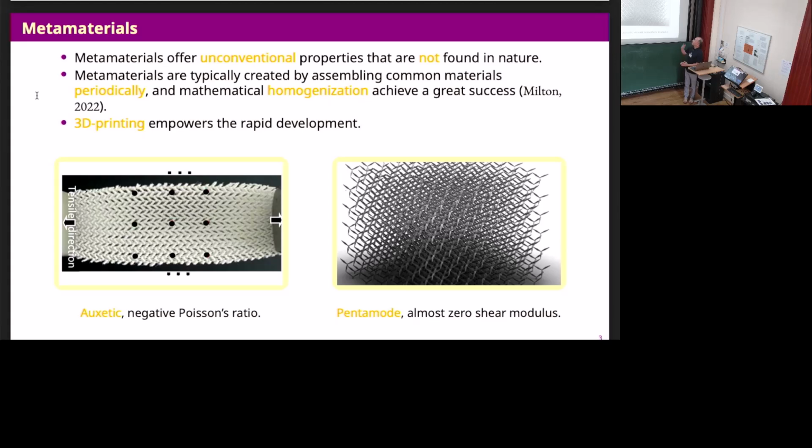And so there are some mathematical homogenization theory for this kind of problems. For example, in these two figures, we illustrate some example of metamaterials. For example, the one on the left-hand side, this type of material gives negative Poisson ratio, and this one on the right-hand side gives nearly zero shear modulus.